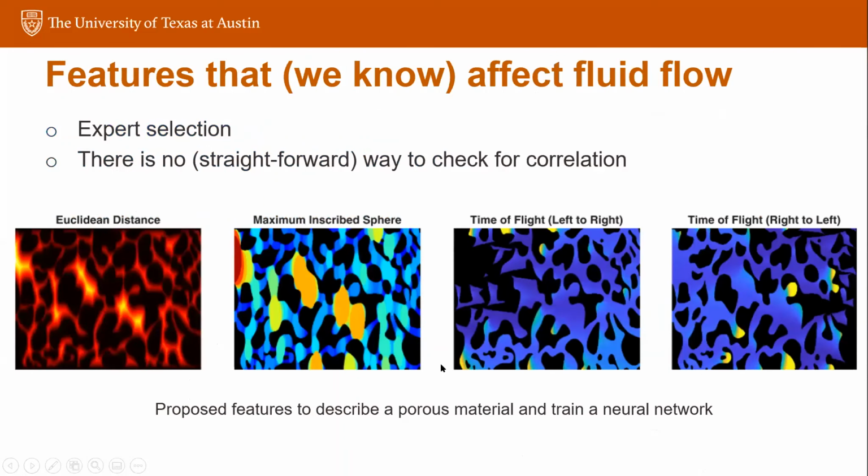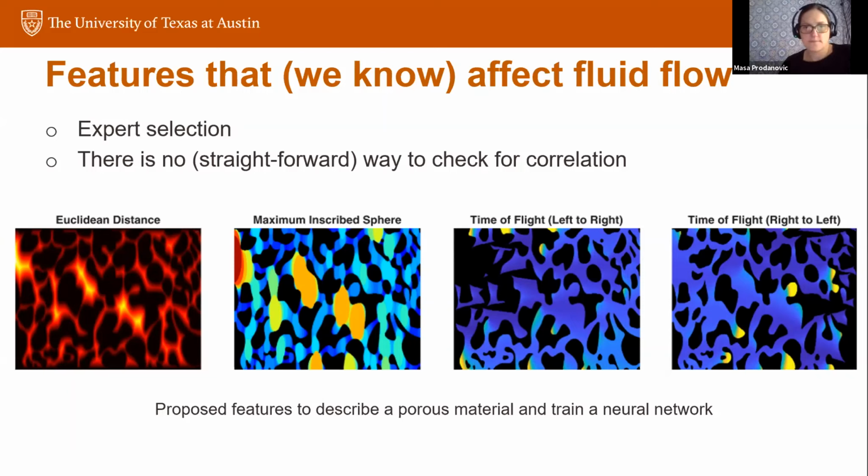So then we went back to the thinking couch and thought about possible ways to improve this. One of the main issues was that the binary image alone did not provide a unique representation of our porous material, because you can imagine that we can have very similar binary images, as in the example of the fracture and non-fracture domain, with very different velocity responses.